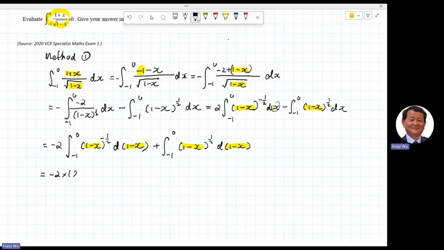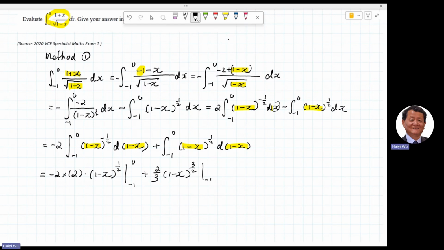So it will be times 2 and 1 minus x to the positive half from -1 to 0. And the next one will be 1 plus, so it'll be 2/3 and 1 minus x to the power of 3/2.